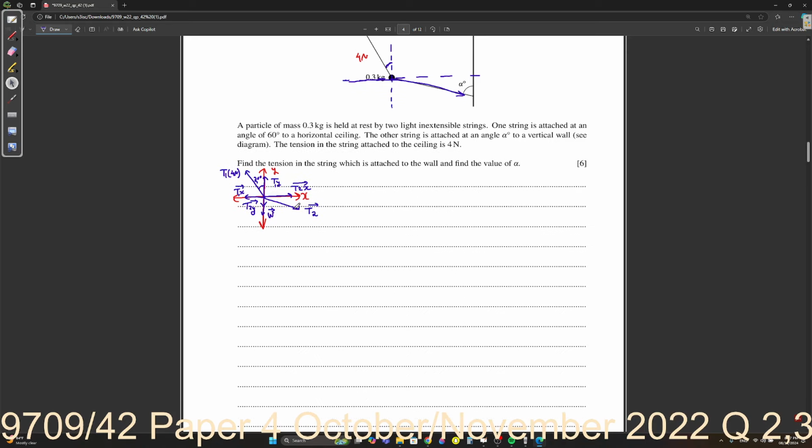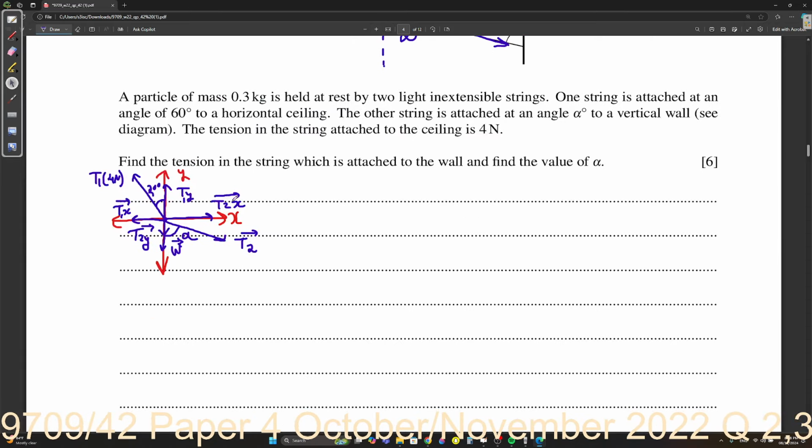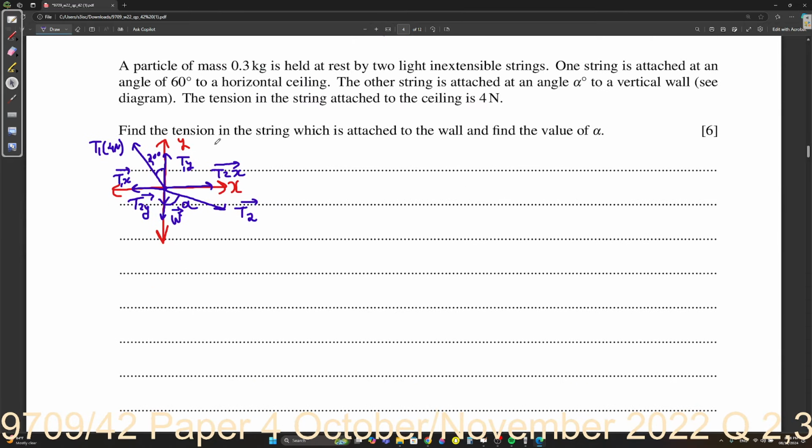Okay. What's the angle now? This one is alpha, so this one over here will also be alpha. Okay, so I'm going to use this angle over here as alpha. I know that's a lot going on right now, but let me put vector symbols. Kind of try and understand it.